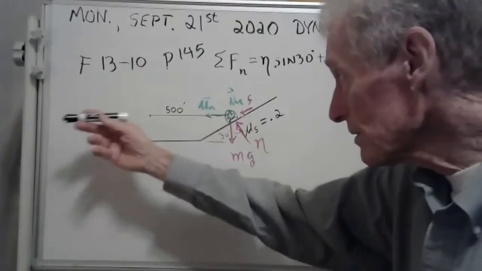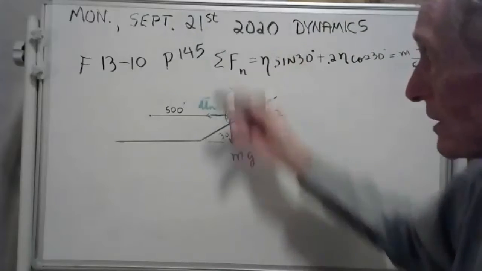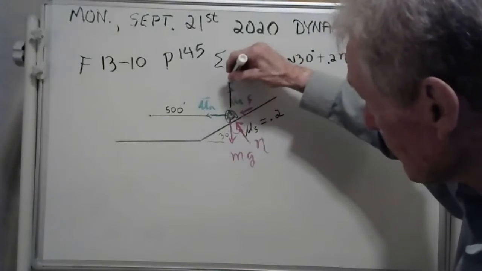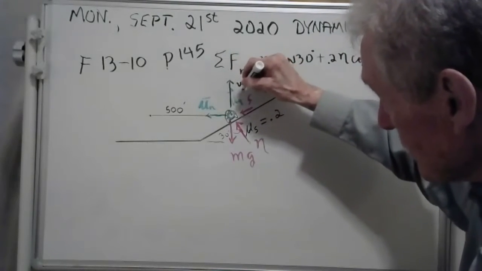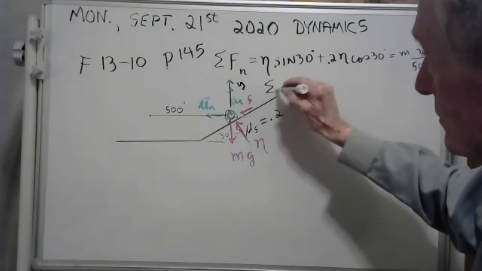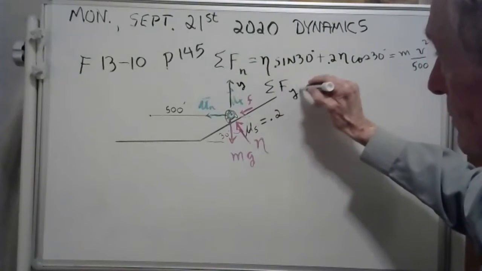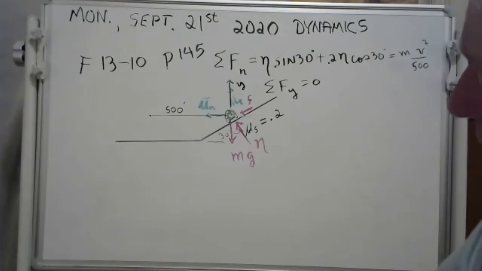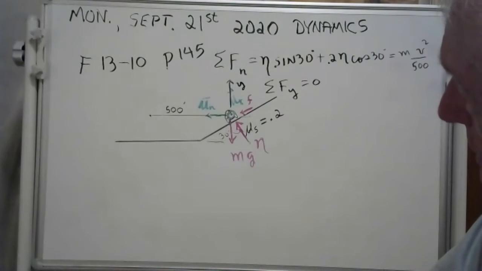It's going around and around and around. It's not going up or down any. So if you call this the y direction, I think the sum of the forces in the y direction is 0. I don't think it's accelerating. It's not going up or down.